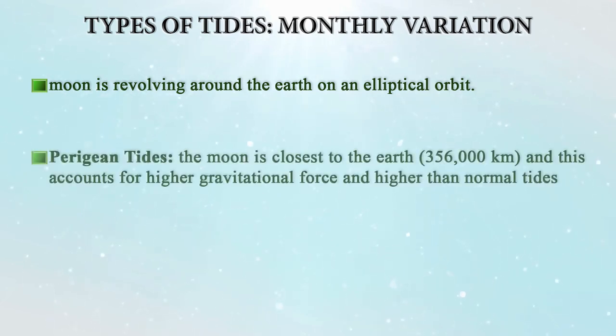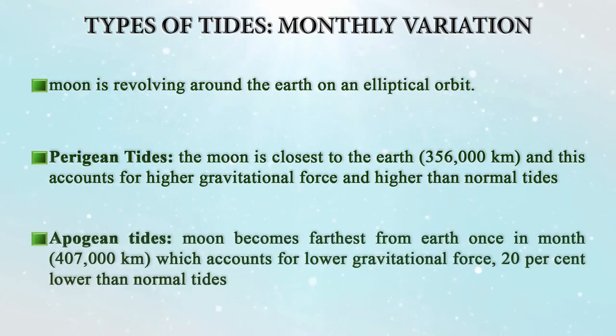So at one point of time the moon is closest to the earth, and this position is called the perigee, which is about 356,000 kilometers, and at one point of time the moon is farthest from the earth, that is 407,000 kilometers away, and this is called the apogee position.